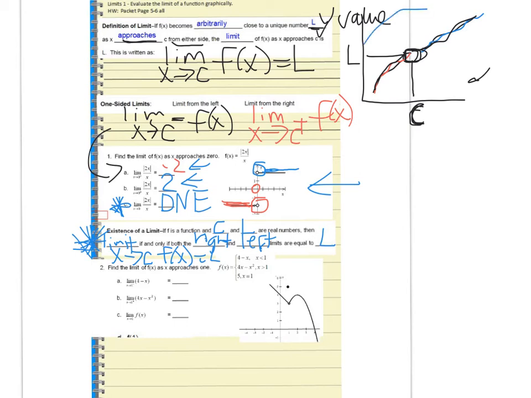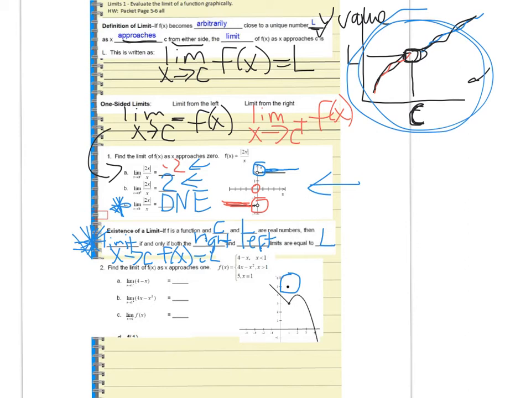In our example up here, we were approaching an open circle, but down here for the first time, when we actually get to the x value of 1, then our function spits out the y value of 5. So of course that's going to come into our evaluation of our limit.